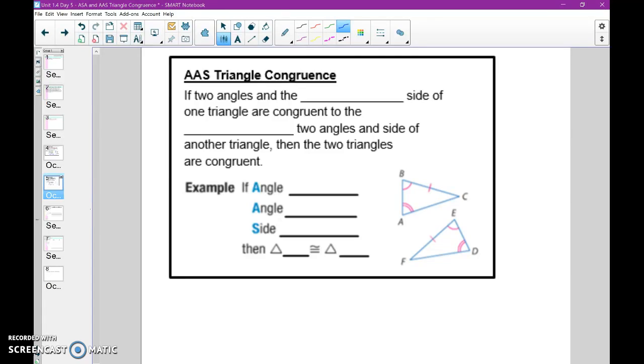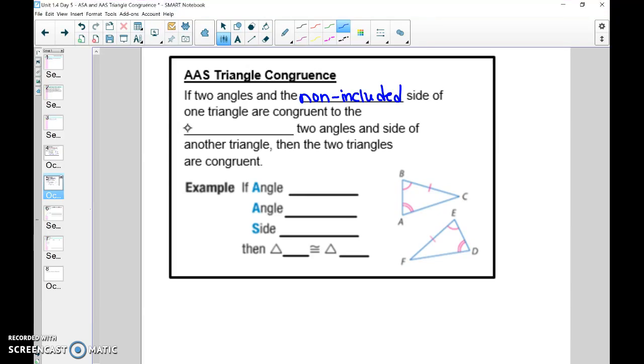Okay, similarly, AAS has the same pieces, two angles and a side, but this time it's the non-included side. So the one that's not between. And they're congruent to the corresponding ones. So what's kind of funny about this one is you actually have two options when you're picking it.